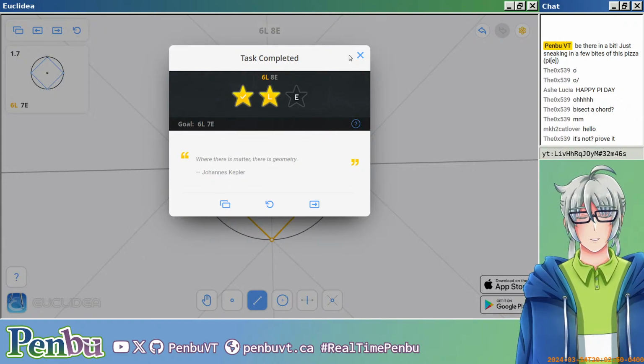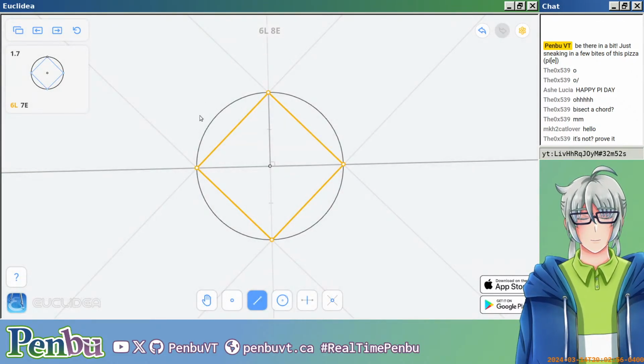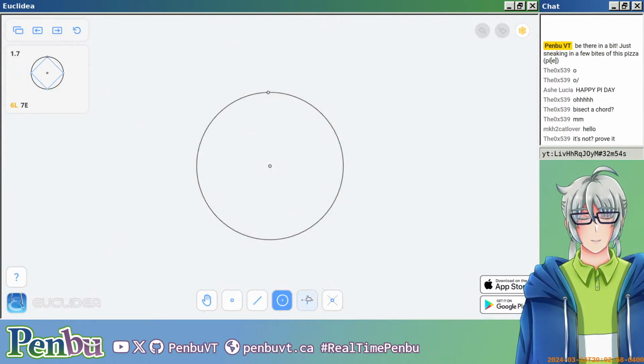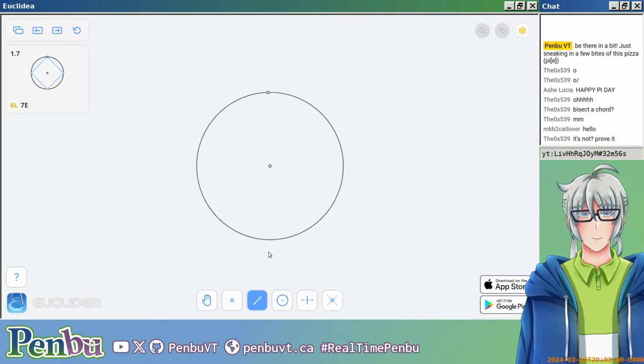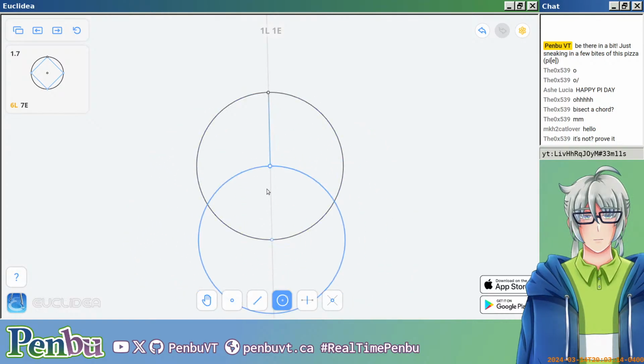And now we can try to get down to 8 elementary moves. Alright, reset. I think we still get this. We're gonna put a point here. But how do we get a second one?